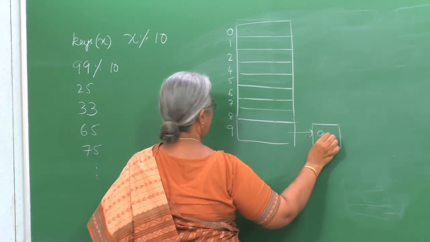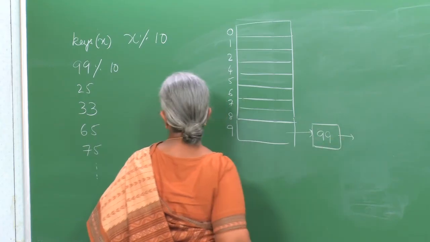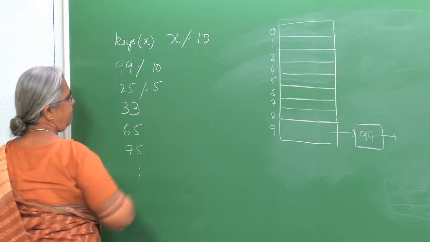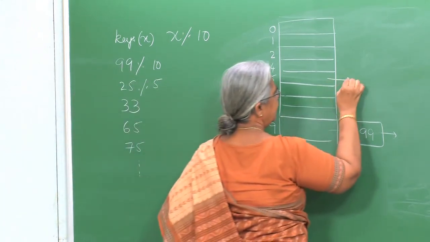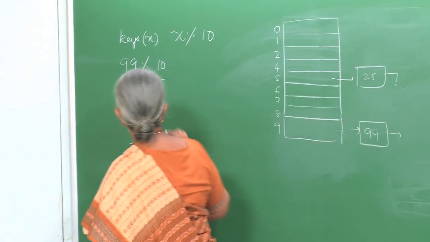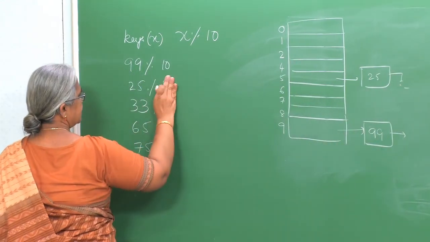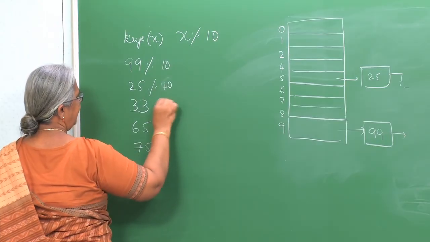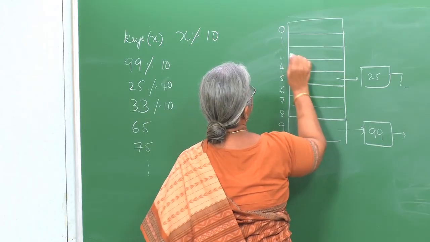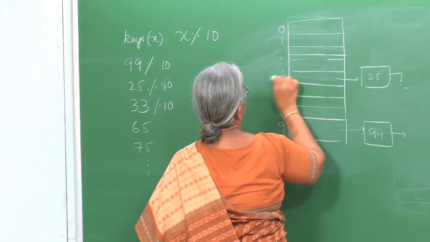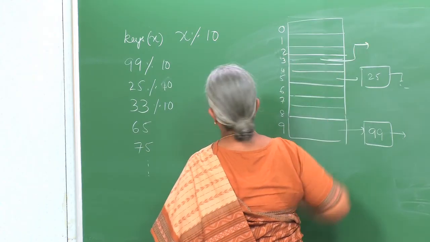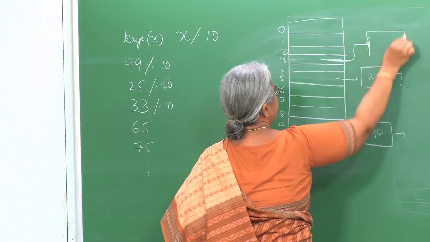Then 25 %10 gives me 5, therefore I put it in this bucket. Then 33 %10 gives me 3, so 33 goes into bucket 3.